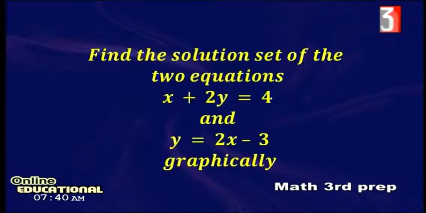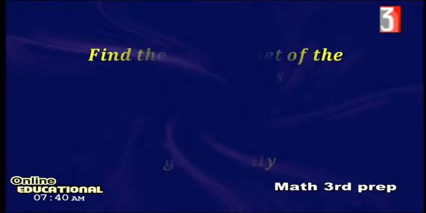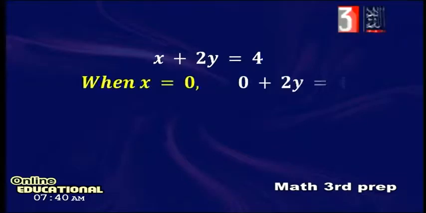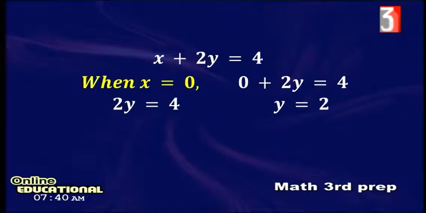Find the solution set of the 2 equations x plus 2y equals 4 and y equals 2x minus 3 graphically. As x plus 2y equals 4, when x equals 0, try to substitute for the value of x, in this case 0. Then 0 plus 2y equals 4. Then 2y equals 4, and we are going to obtain y as 2. Then the first ordered pair will be (0, 2).